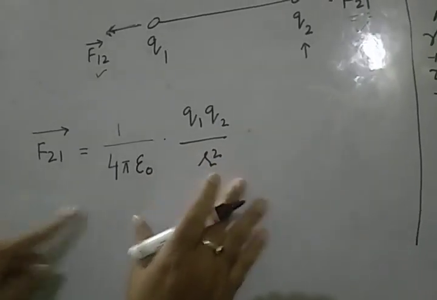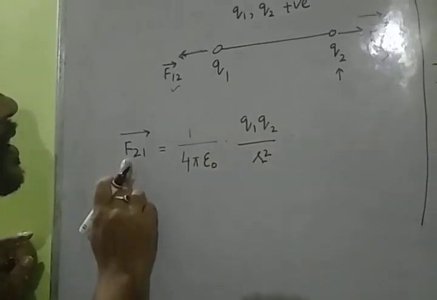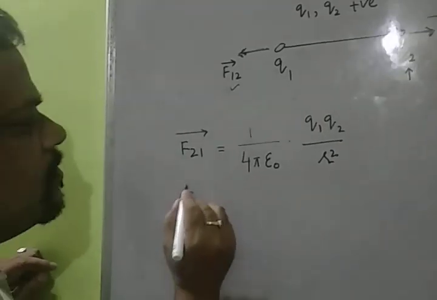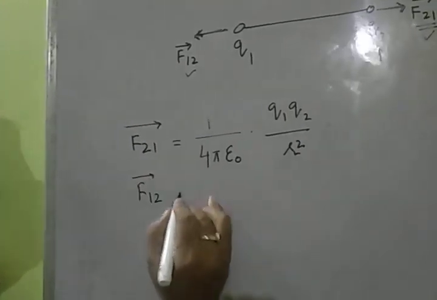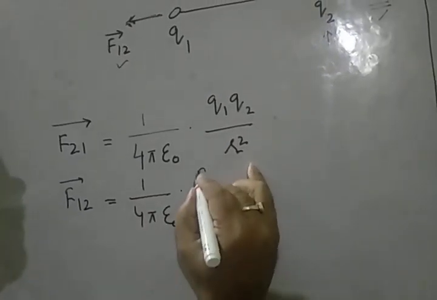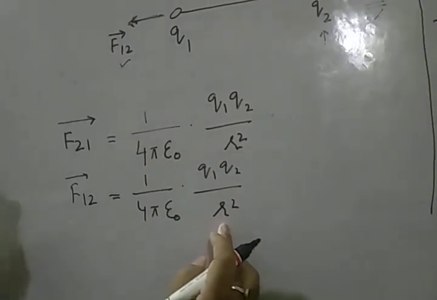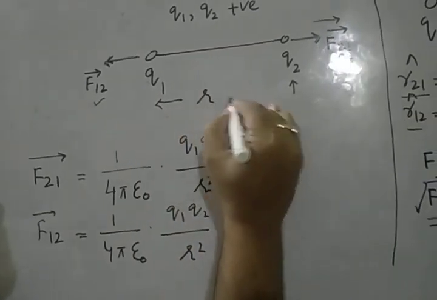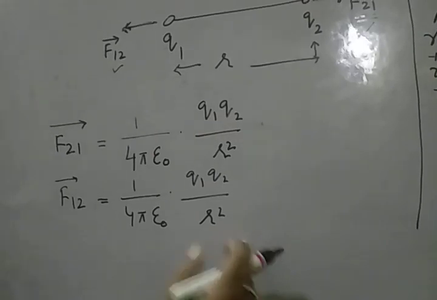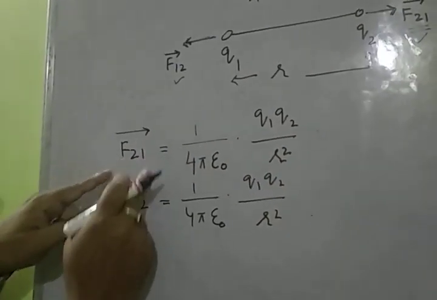Just focus on it. This quantity only reveals the magnitude of the force F21. It is only the magnitude. Okay, see, F12 is also the same: 1 by 4 pi epsilon naught Q1 Q2 by R square, because R is the distance between Q1 and Q2. So here you can say there is no difference, but there is a difference. The magnitude is the same, but we are expressing force as a vector quantity.